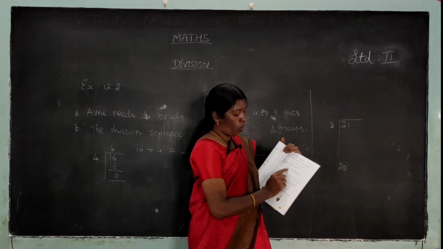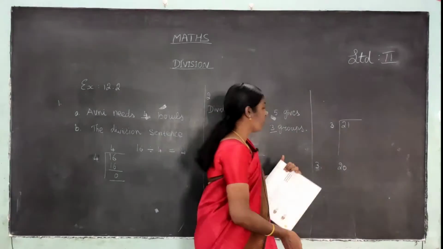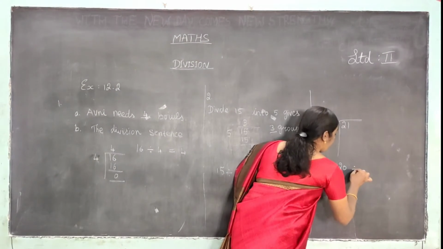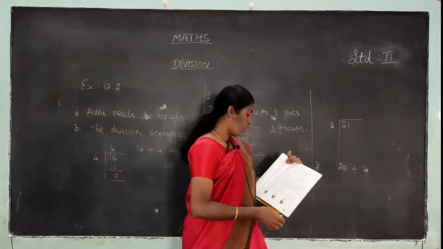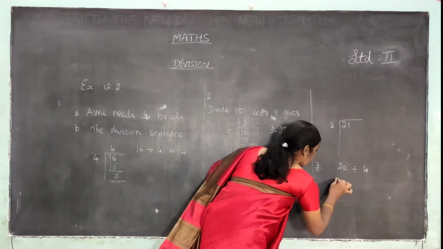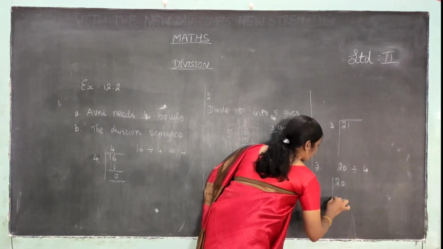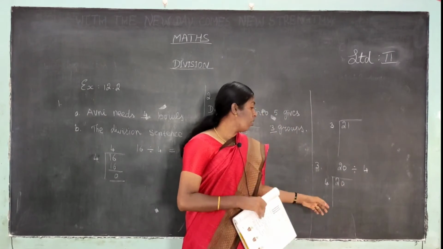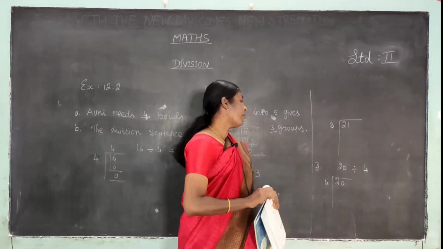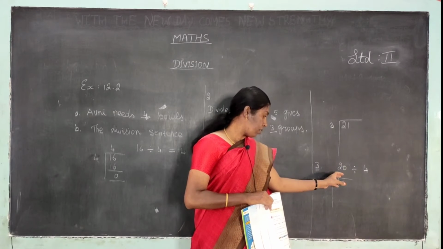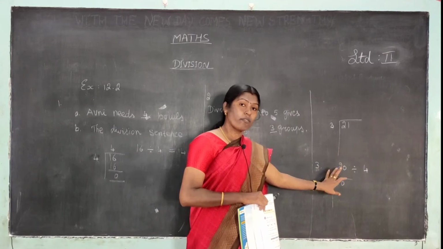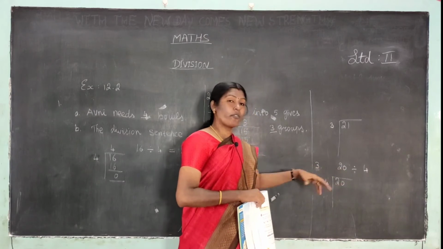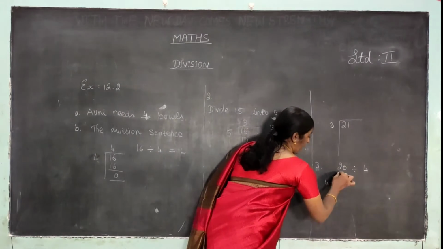For a game, how many students want? 4. So 20 divided by 4. Okay, how much? Divide 20 by 4. Tell the 4 table. 4 1s are 4, 4 2s are 8, 4 3s are 12, 4 4s are 16, and 4 5s are 20.